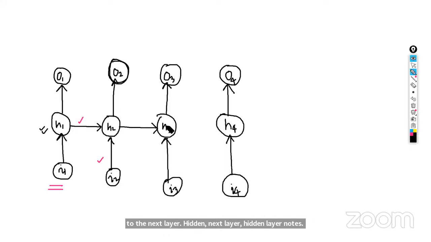Whatever output H3 generates will be the input to the output node of layer 3, as well as the next layer hidden nodes, right? So this is the meaning of recurrent. You can see here, for the rest of the hidden layer nodes, there will be two inputs. One comes from the input layer. Another comes from the previous hidden layer node, right? So this is the typical recurrent neural network architecture.